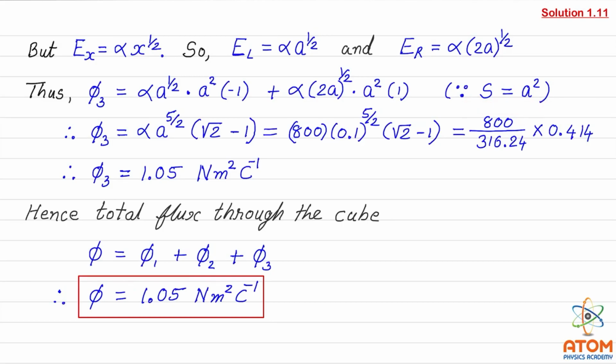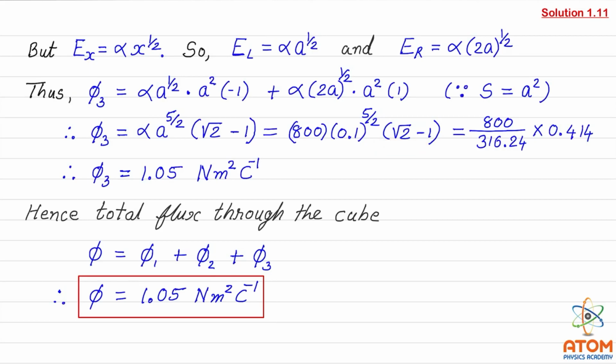Now solving this, we can get a raised to 1 by 2 and a square. So as a whole you can get a raised to 5 by 2. From both of these terms we can take alpha a raised to 5 by 2 as common, and the remaining is root 2 minus 1. Now the value of alpha is 800 and the value of a is 0.1, so 800 times 0.1 raised to 5 by 2 times root 2 minus 1.